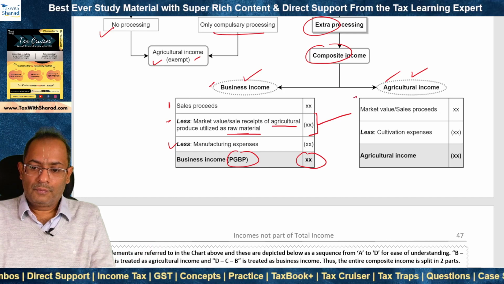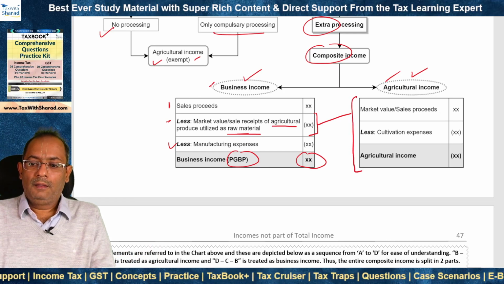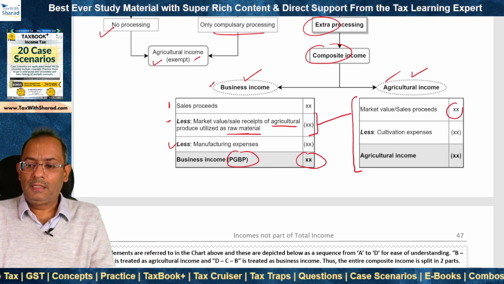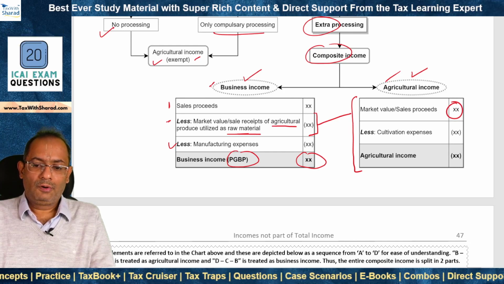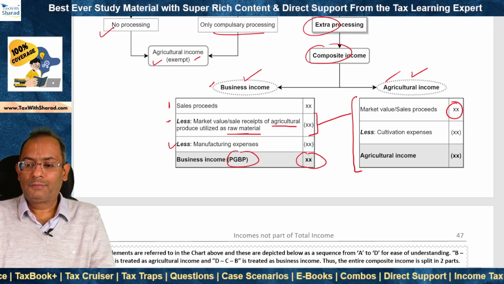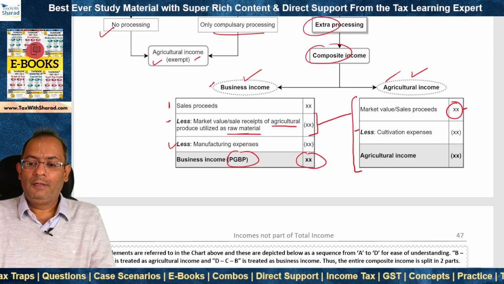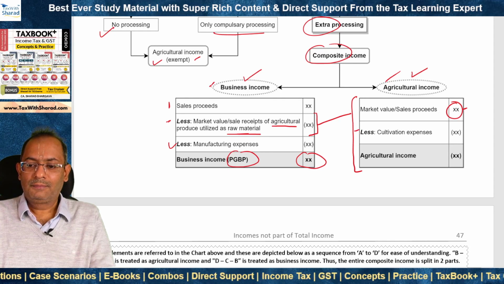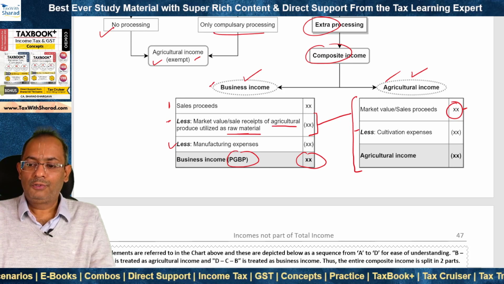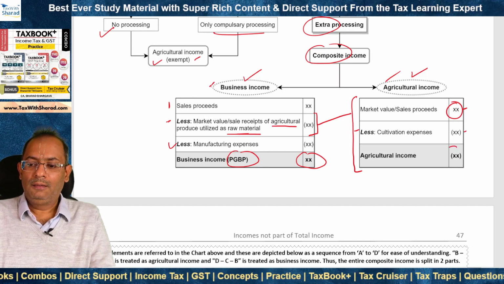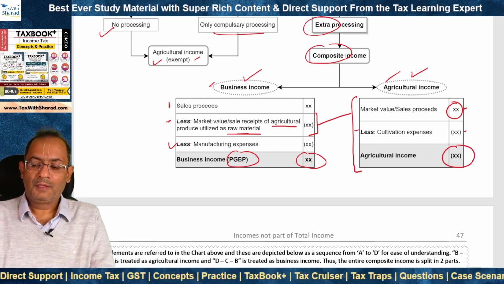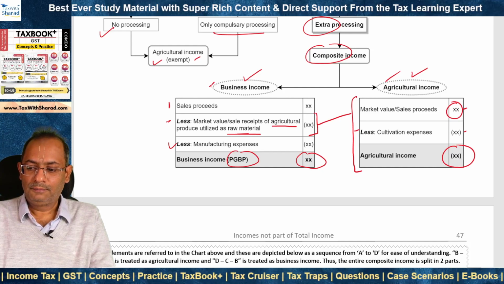So the market value or sale proceeds of such raw material, which is the agricultural produce, we take this first, and then we would have incurred certain cultivation expenses in cultivating the agricultural produce, that is reduced, and the balance is agricultural income which is exempt under section 10(1).